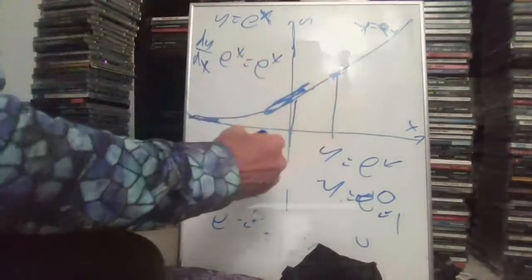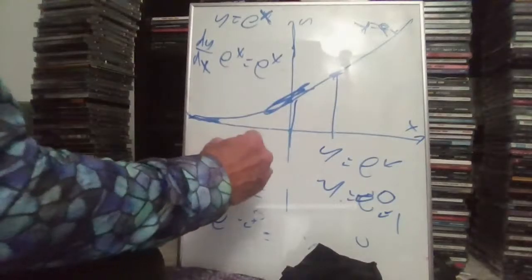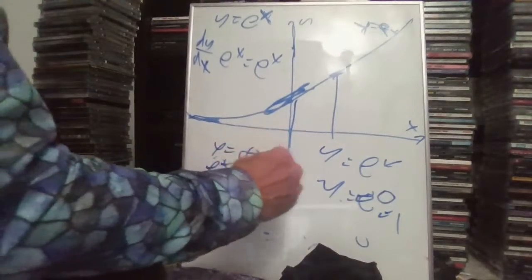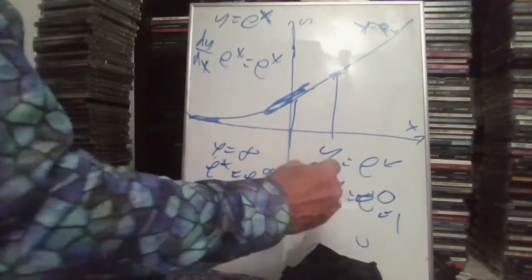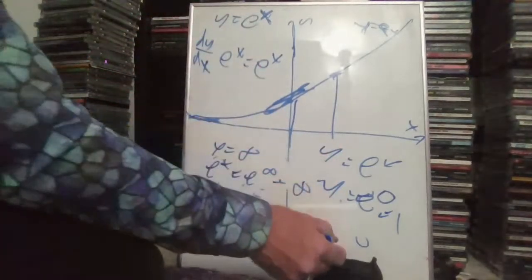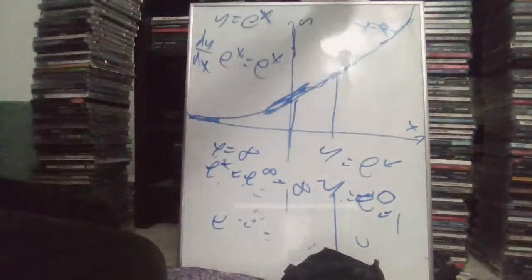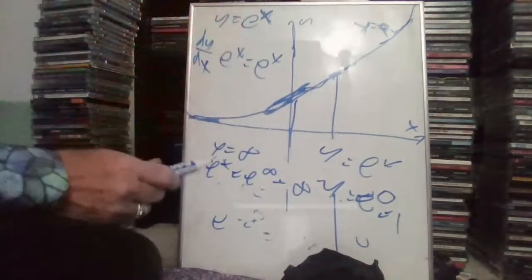And as x becomes infinite, the function is e to infinity, which equals infinity, which means the derivative is infinity, and infinite slope is straight up and down. So as it goes up to x equals infinity, it goes higher and higher until it goes straight up, and that's called an exponential function.